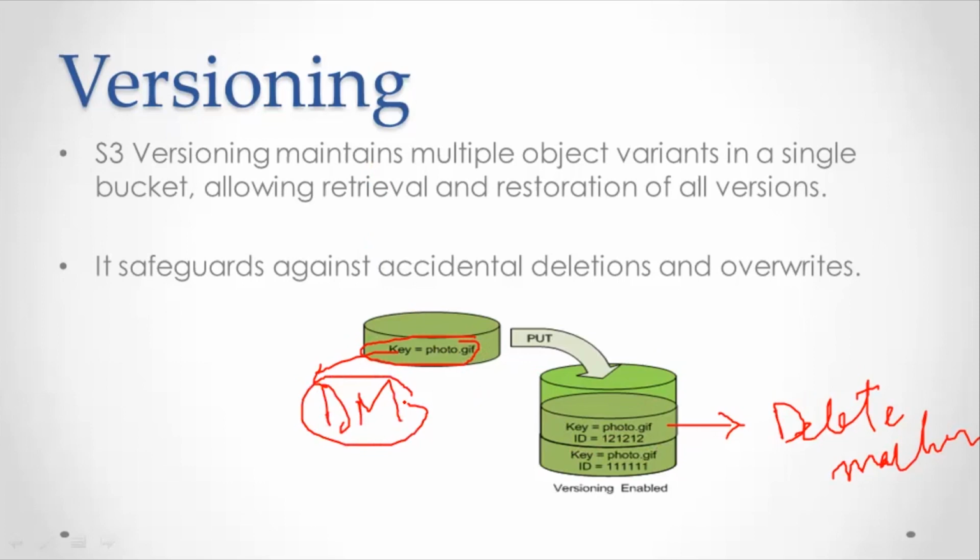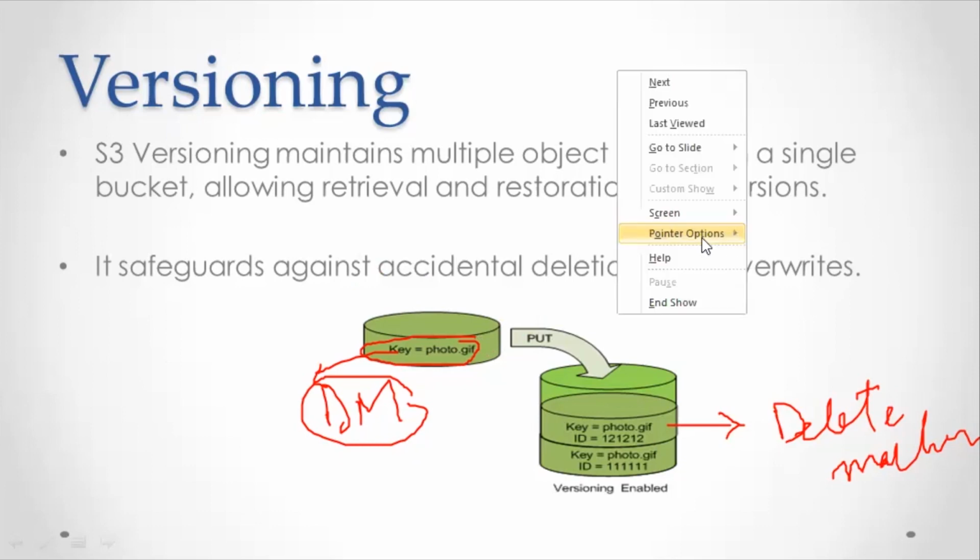If you want to recover it, you can simply recover it and have the previous version up and running like it was before. And if you overwrite an object, it results in a new object version in the bucket, so you can always restore to the previous version. This is how versioning works.